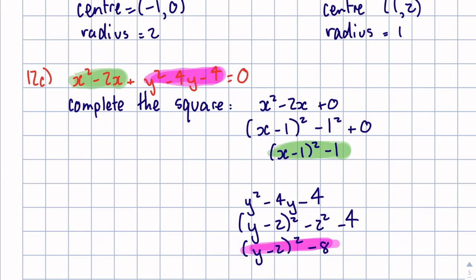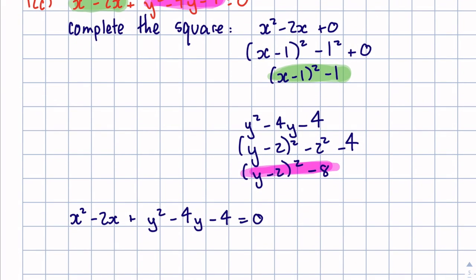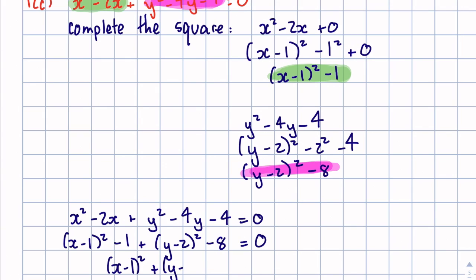And that's my pink. So instead of having x squared minus 2x plus y squared minus 4y minus 4 equals 0, I can actually replace that with (x minus 1) squared minus 1 plus (y minus 2) squared minus 8 equals 0. My -1 and -8 go together, so I've got (x minus 1) squared plus (y minus 2) squared minus 9 equals 0.